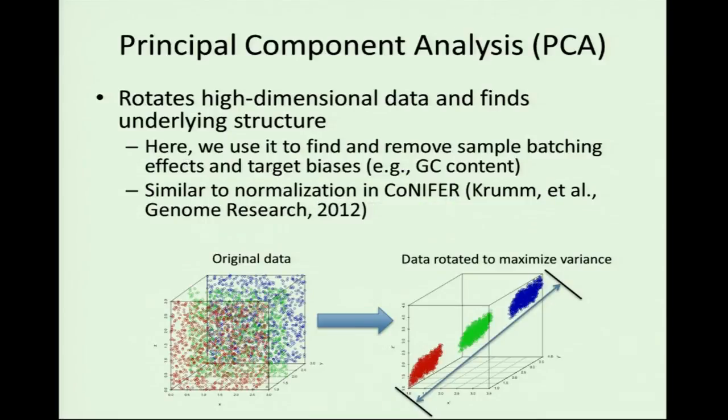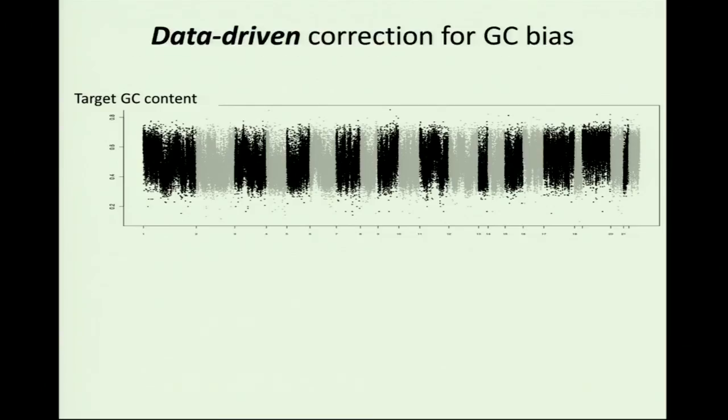There are some similar tools, including CoNIFER, that do similar normalization. It seems to be a pretty good choice of methods. We implemented this algorithm starting in 2011, and some other groups did also. It seems to be the method of choice in exome sequencing for normalizing data. There are other methods, but I'm not going to talk about those today.